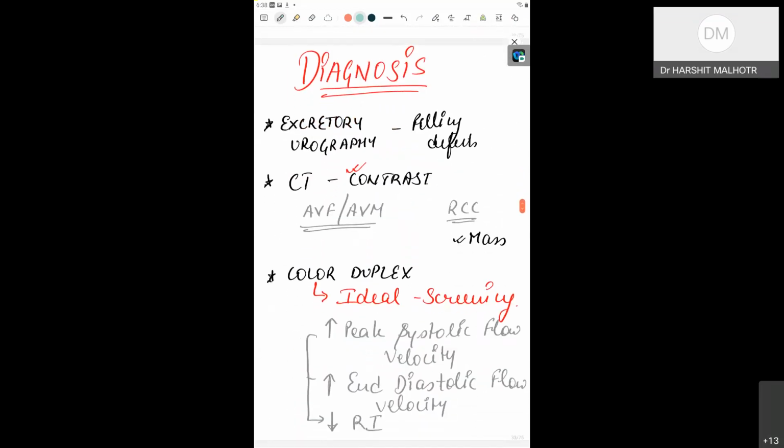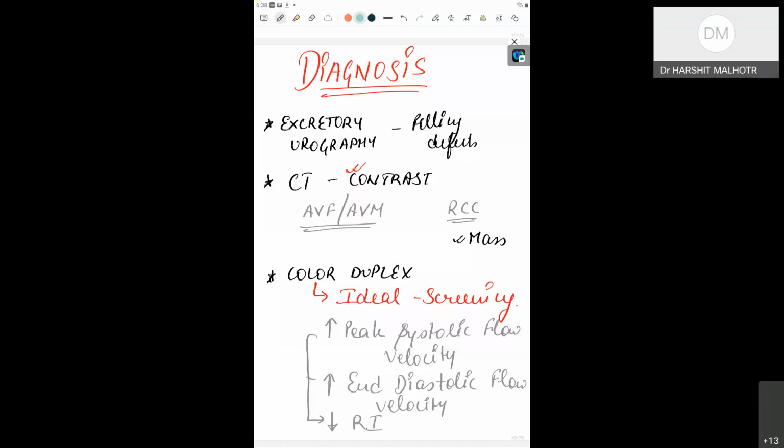Now, how do we diagnose all these cases? Usually filling defects are seen in excretory urography because of the distal arterial steal. The most common diagnostic test performed is contrast CT, for AVFs, AVMs and RCCs. In all three, there is AV shunting, so with contrast there is early filling of the vein, early filling of contrast in the IVC in the arterial phase itself.